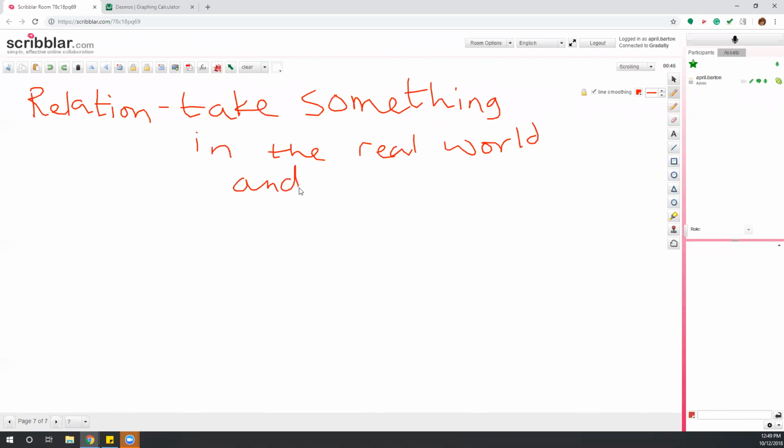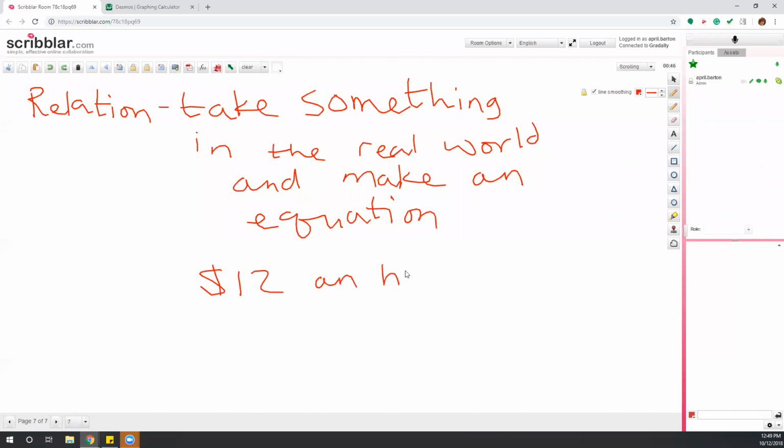So if someone made $12 an hour, how would you figure out how much money they're going to have by working 23 hours? So the X would be the amount that we'd have to figure out for the hour, right?